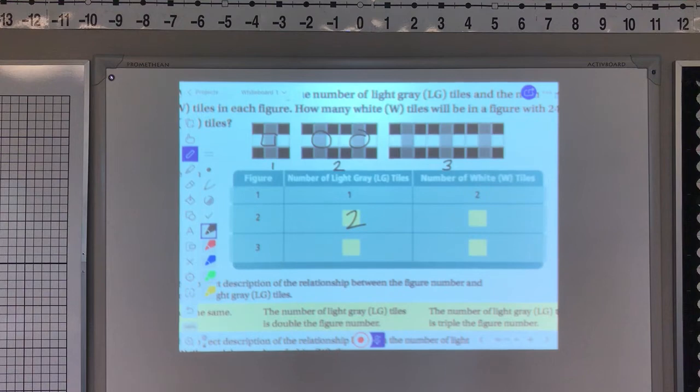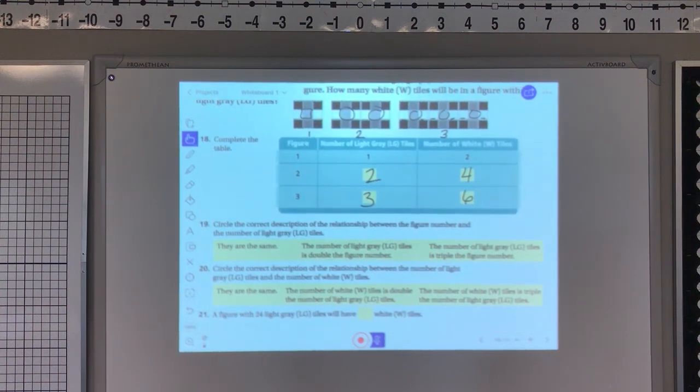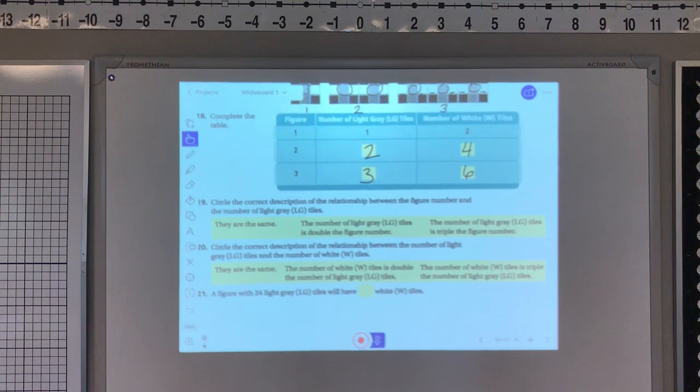And then I have 1, 2, 3, 4 white tiles. In the third one, 1, 2, 3 light gray, and 1, 2, 3, 4, 5, 6 white tiles. So using that table, I can try to figure out a relationship of how those are related to each other.